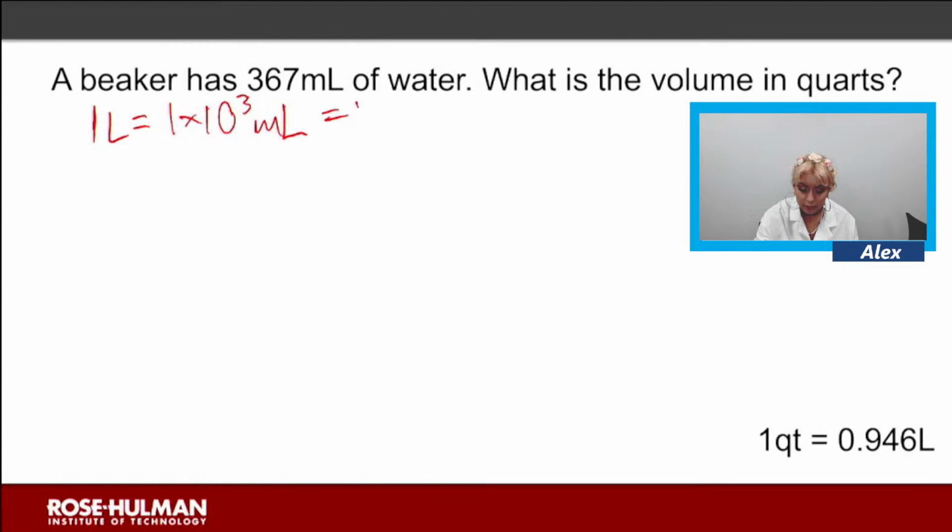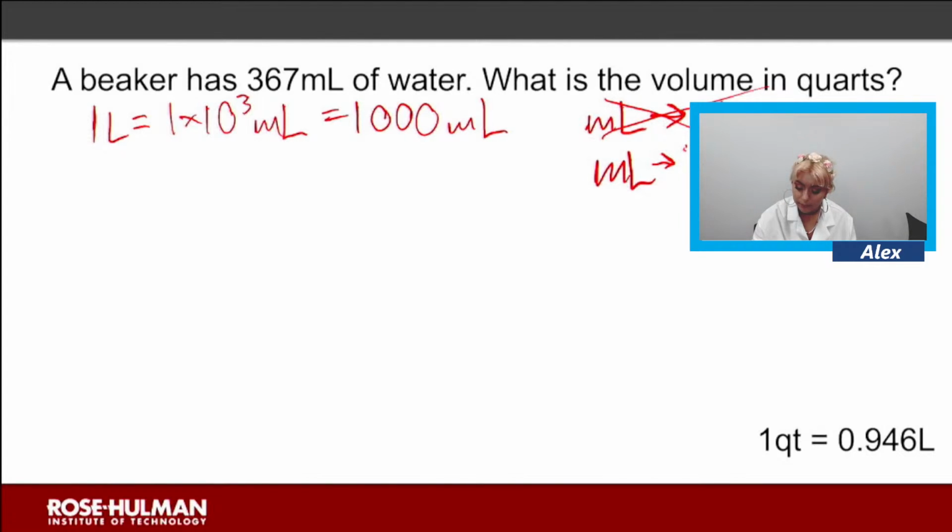I can write that out here too. 1,000 milliliters is equal to 1 whole liter. So instead of just changing over from milliliters to quarts, we don't want to do that. We want to change from milliliters to the standard unit of liters and then change it to quarts.